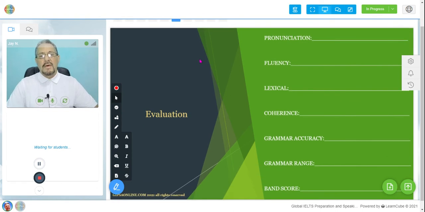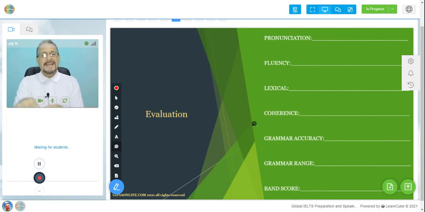And then, after your simulations, we go and very precisely, as I said before, we identify the issues, what's happening with your pronunciation, your fluency, if we need to do some exercise, change anything, your lexical resource, which is vocabulary, your coherence, the grammar accuracy.